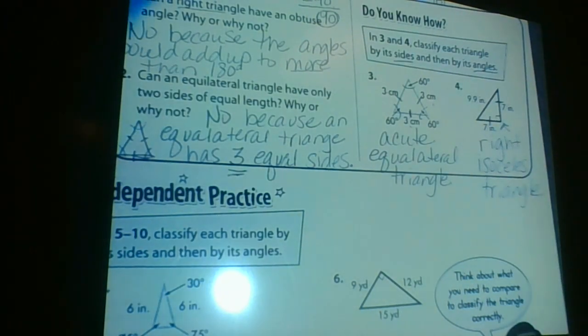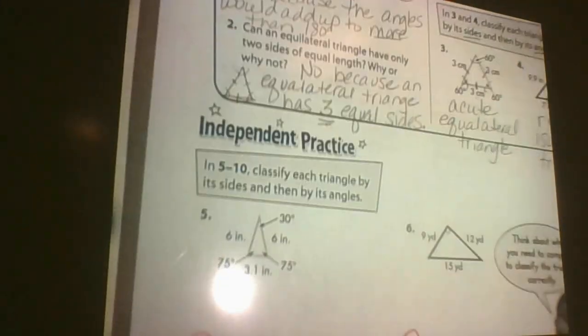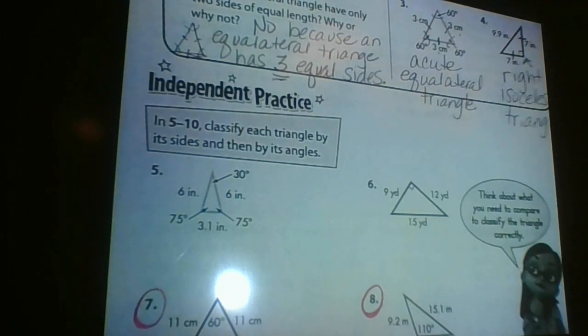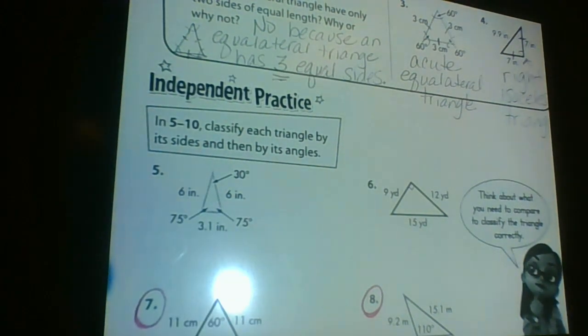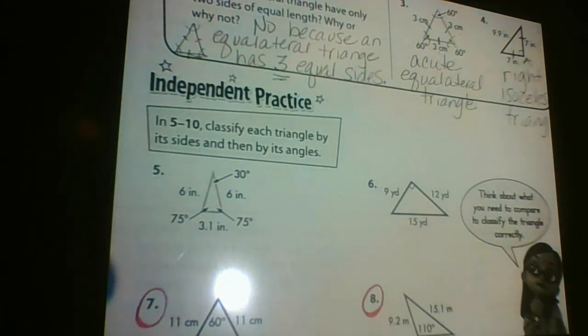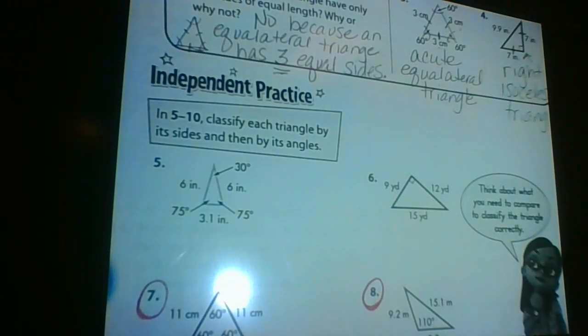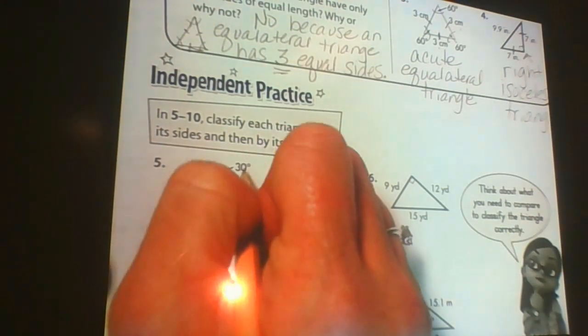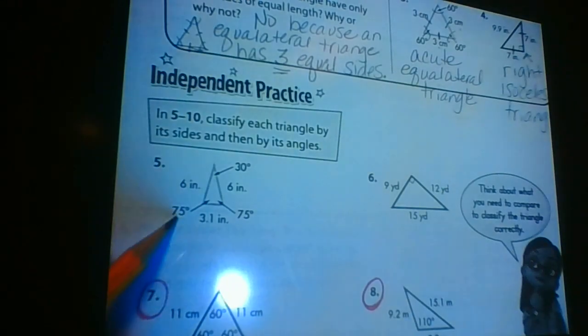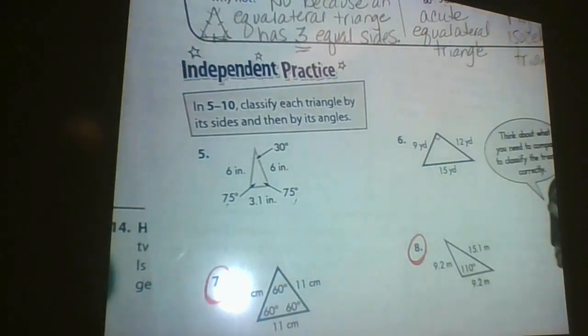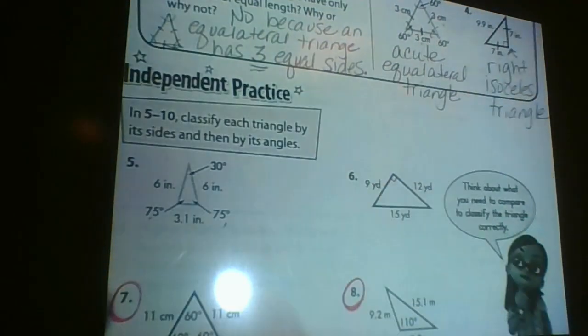I'd like to go over two more problems with you just to make sure you understand what's happening. So in independent practice on page 623, number 5, step 1, look at the angles. I have a 30-degree angle, a 75-degree angle, and a 75-degree angle. I'm going to start with a right triangle.